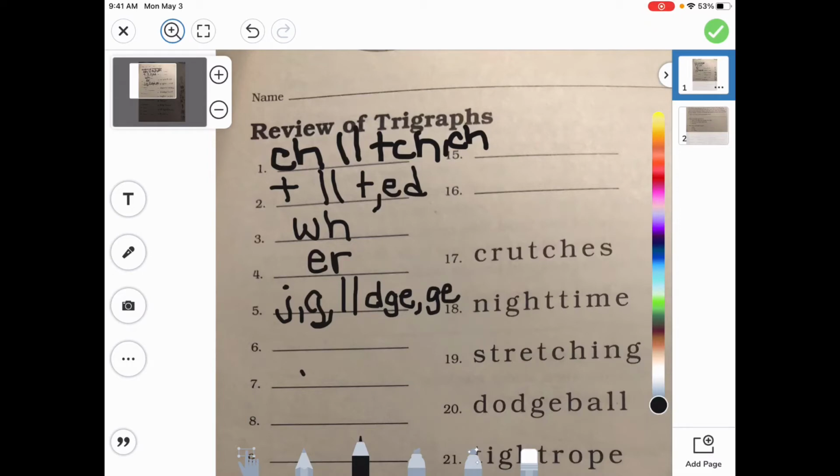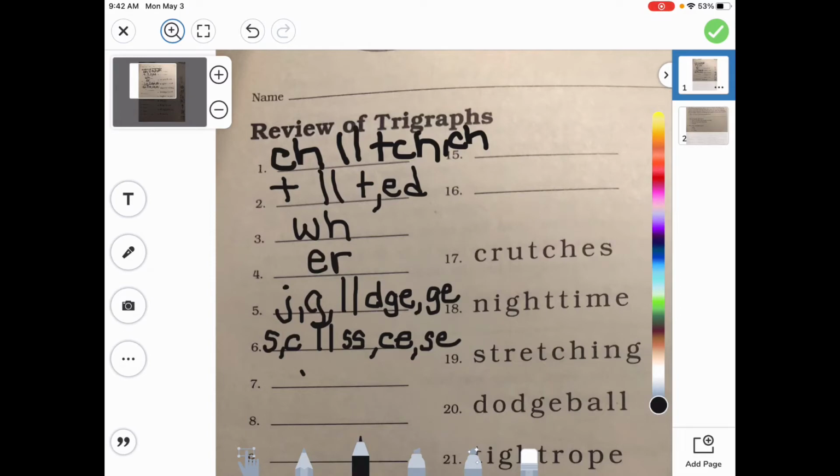All right. What about the S sound? It can be S or C, and at the end, remember, it can be SS after a short vowel, CE after a long vowel, and then SE after everything else.